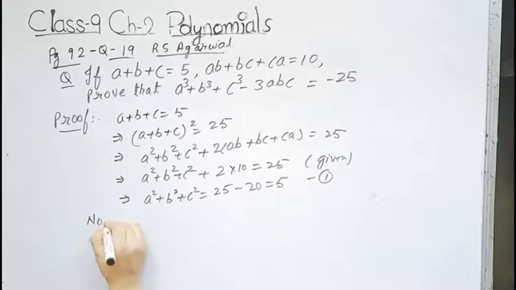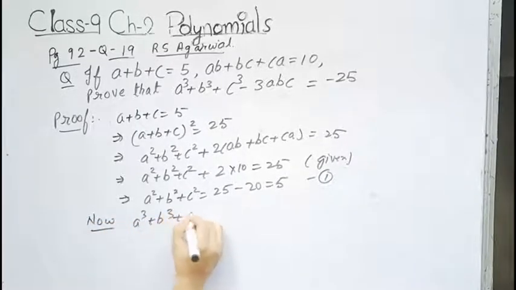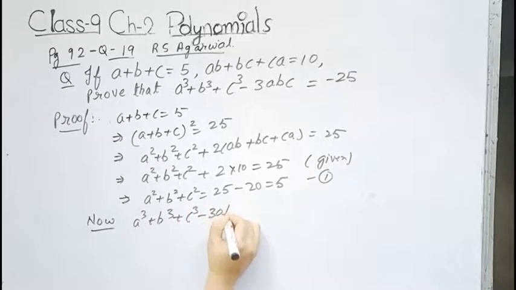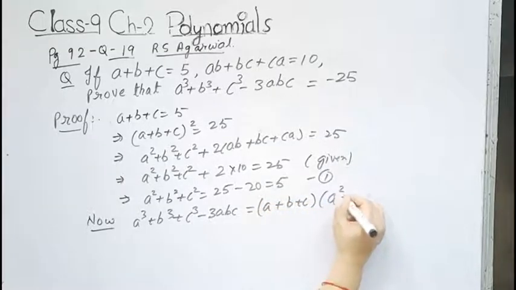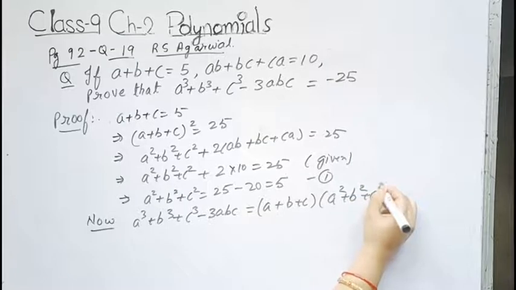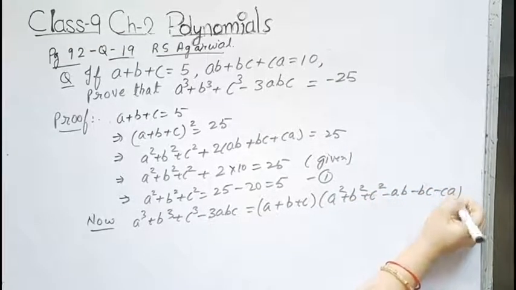Now a cube plus b cube plus c cube minus 3abc, the formula we will write directly, equals a plus b plus c into a square plus b square plus c square minus ab minus bc minus ca.